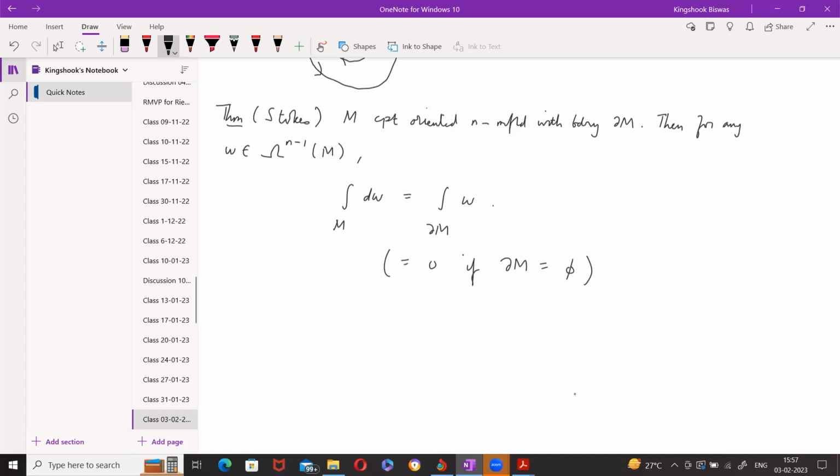From next time, we'll start talking about vector bundles and connections on vector bundles, because that will be essential when we talk about harmonic maps and their derivatives and higher derivatives and so on.